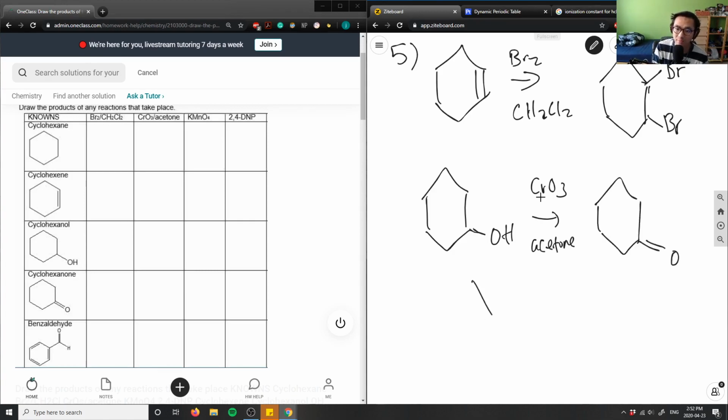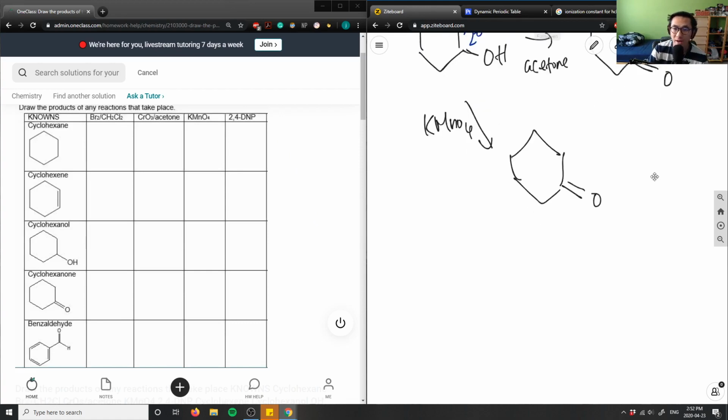Same with KMnO4, I would also get a ketone. I wouldn't get a carboxylic acid because this is a secondary alcohol. With 2,4-DNP, I don't have a carbonyl group, so I won't get a product.